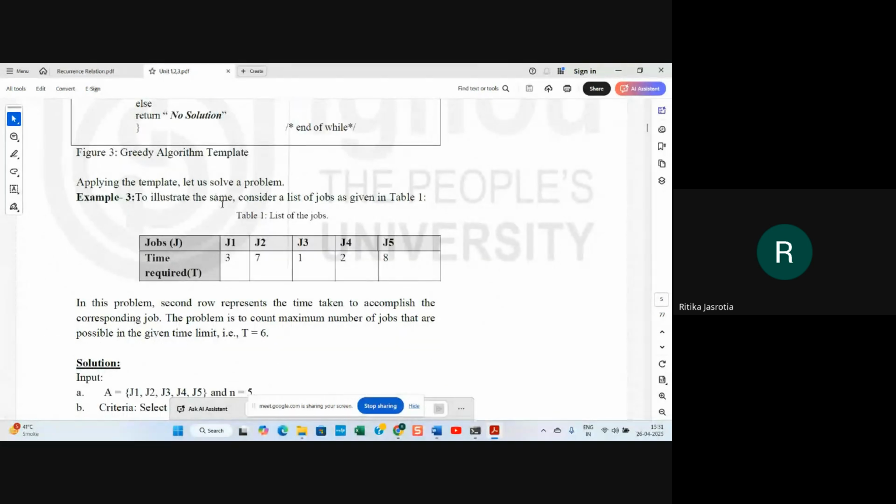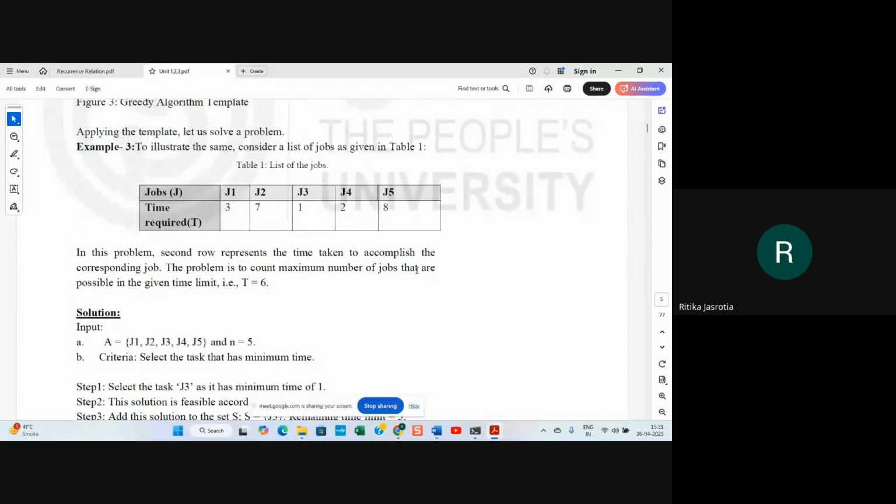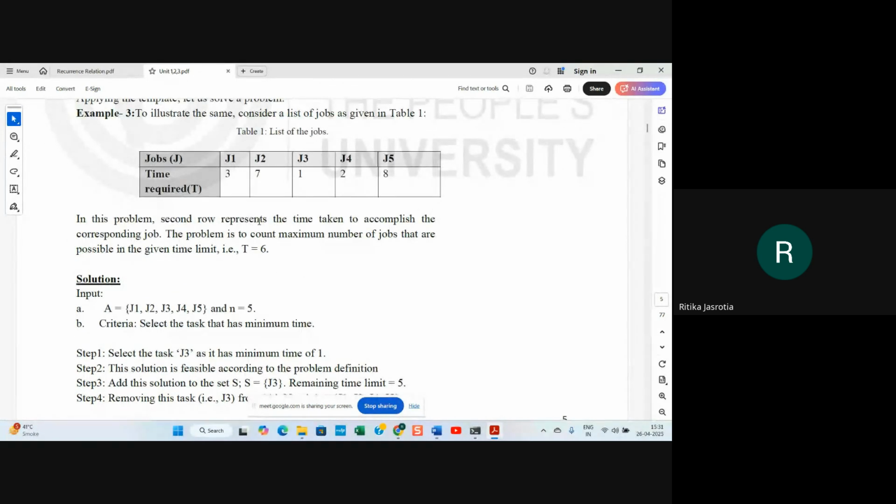Now, to illustrate the same, consider a list of jobs. You have jobs J1, J2, J3, J4, J5, and the time required for completion of each job is 3, 7, 1, 2, 8. The second row represents the time taken to accomplish the corresponding job.